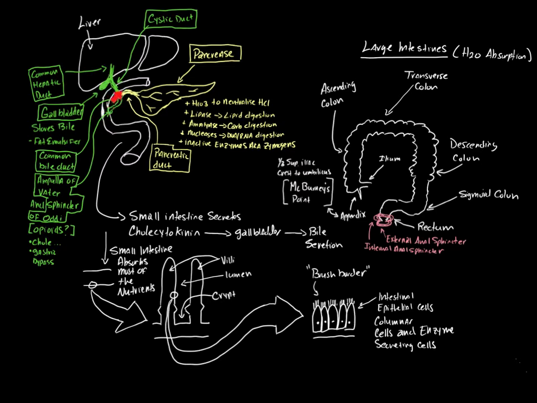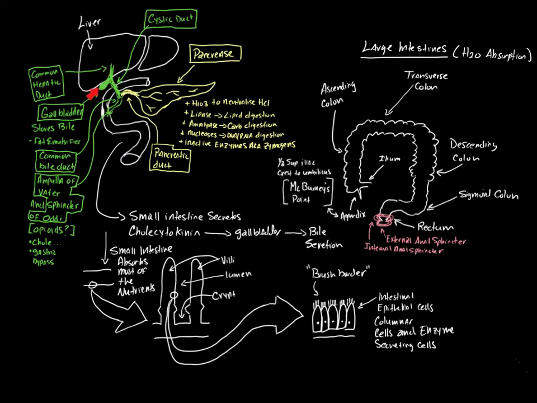And if I go to the left, the common bile duct moves up into the cystic duct and goes into a small sac-like structure on the inferior surface of the liver, known as the gallbladder. And then the gallbladder connects to the common hepatic duct.